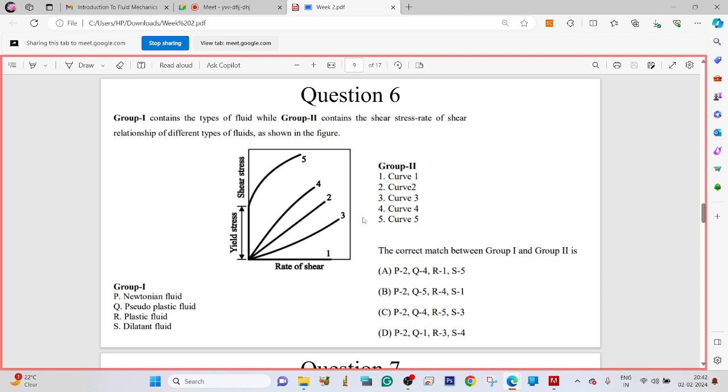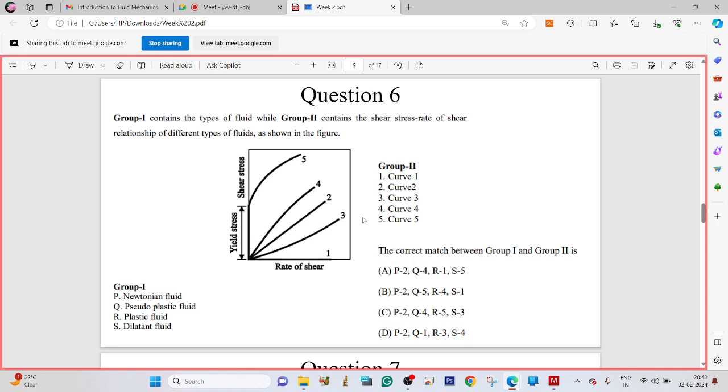Flow behavior index, right? So if we plot the diagram, this is for the ideal Bingham plastic, this is for pseudoplastic, this is for Newtonian, this is dilatant, and this is ideal fluid, and this is ideal solid.